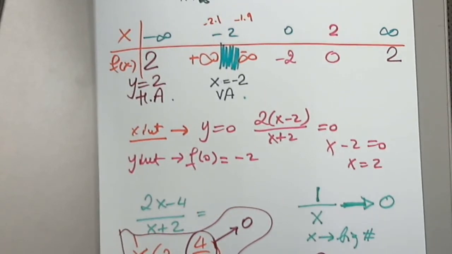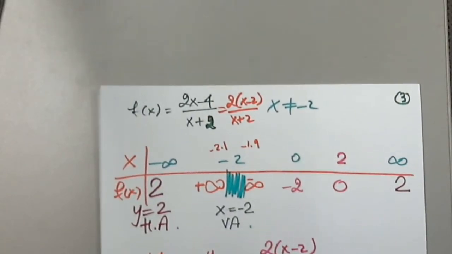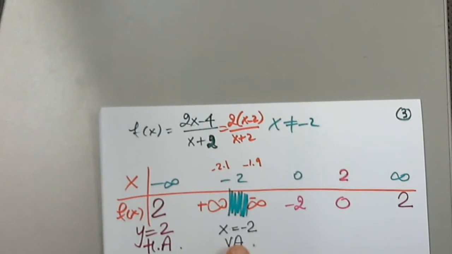Any questions? Now I'm going to try to make sense of my chart, see if we can figure this one out. Okay. From approaching 2, the function must increase because on the left-hand side of the vertical asymptote, it will go to infinity. From approaching 2, it increases to positive infinity on the left-hand side of the vertical asymptote.